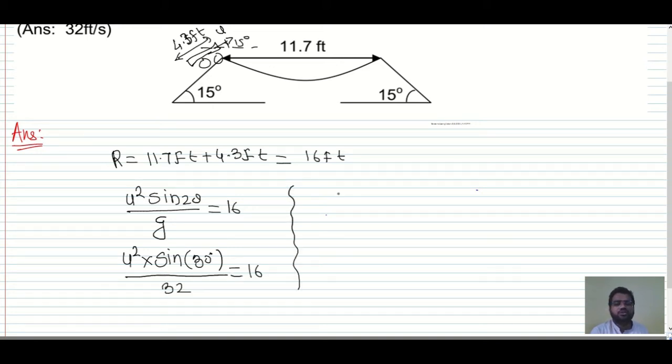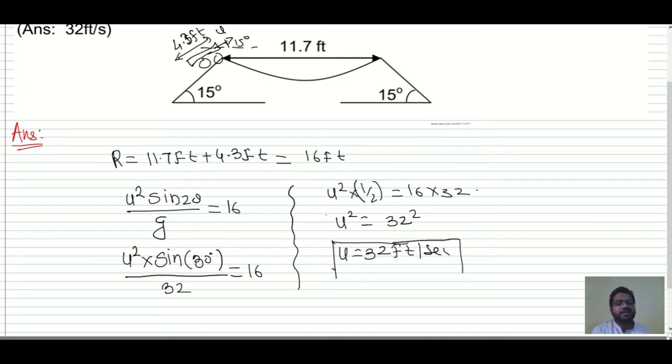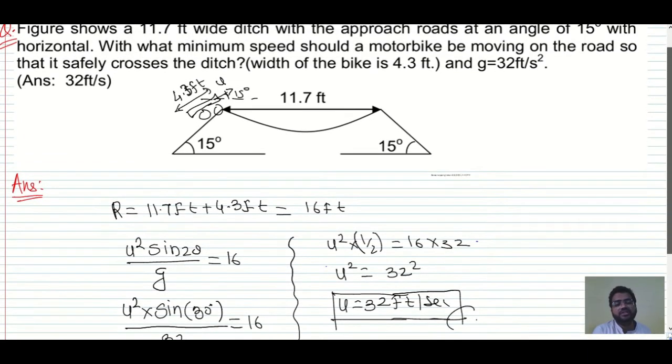If you solve this, you get u squared into 1 by 2 is equal to 16 into 32. So u squared is equal to 32 squared, because 16 into 2 is 32. So u is 32 feet per second. The minimum speed that this bike should have is 32 feet per second, so that it crosses this ditch safely. I hope this is clear.